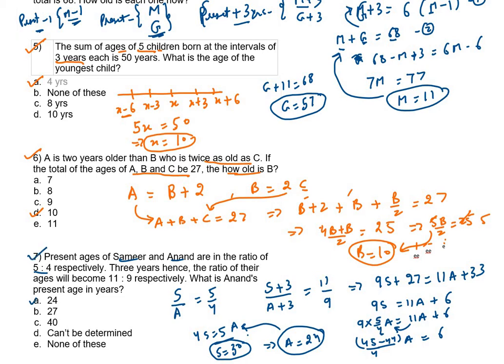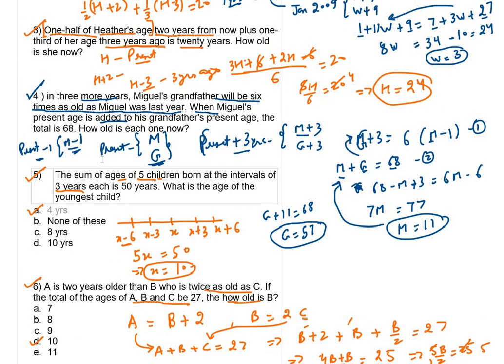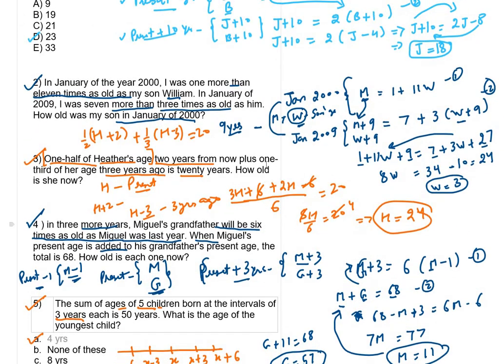Hope you learned a lot out of this exercise. Keep practicing. The main learning in the 5th problem was how we have to choose the ages whenever 5 or 7 objects or children are given, the sum of their ages. That will be the best way to solve the problems quickly. Always use this format like present age, age in the future, then correlate with what's given in the problem, make a couple of equations and then solve it.